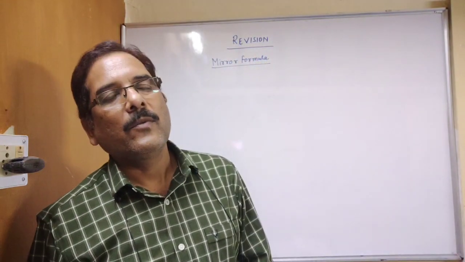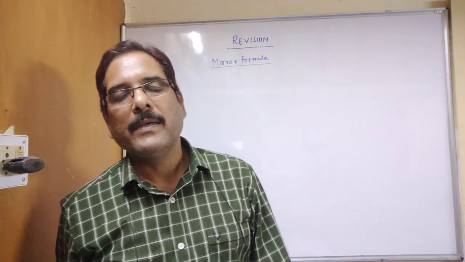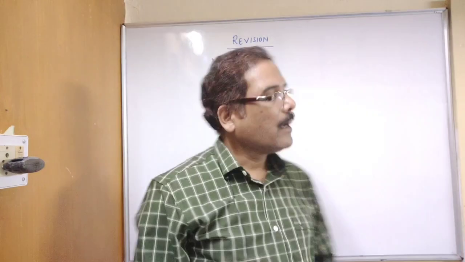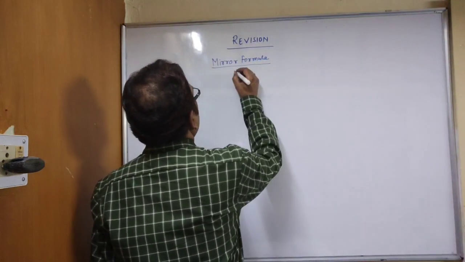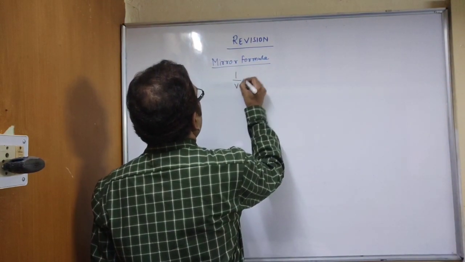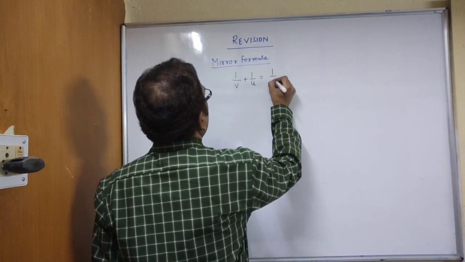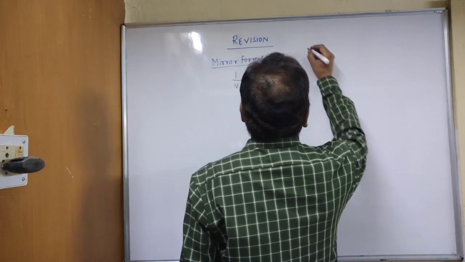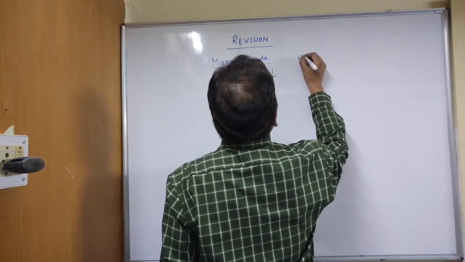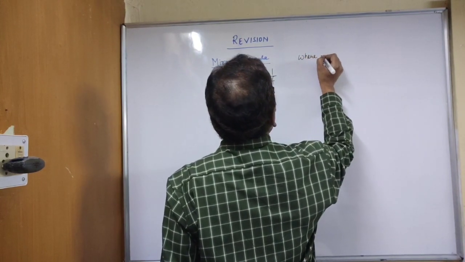So the mirror formula is basically the relationship between object distance, image distance and focal length of a spherical mirror, and this can be represented as 1 by v plus 1 by u is equal to 1 by f, where the symbols have the usual meaning.